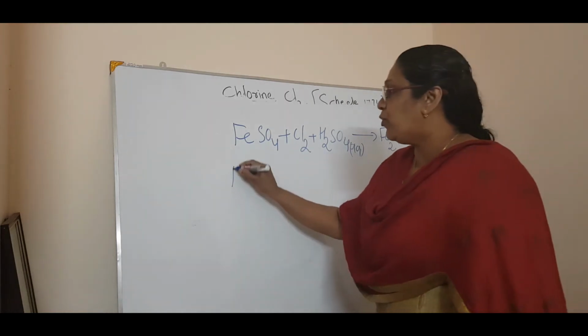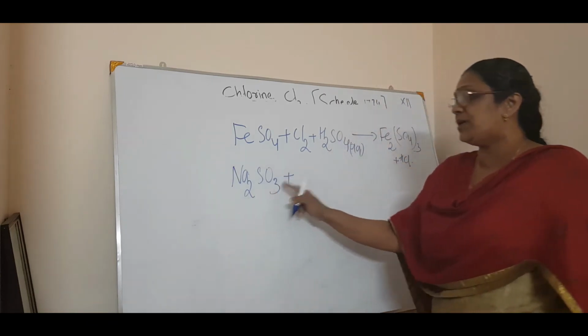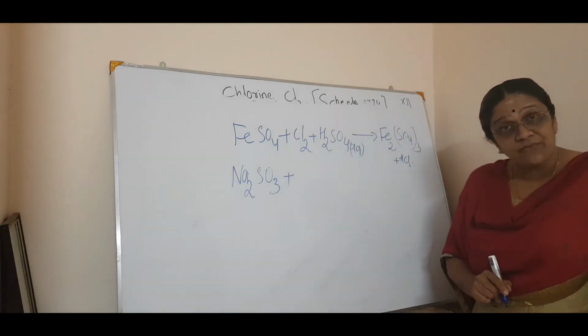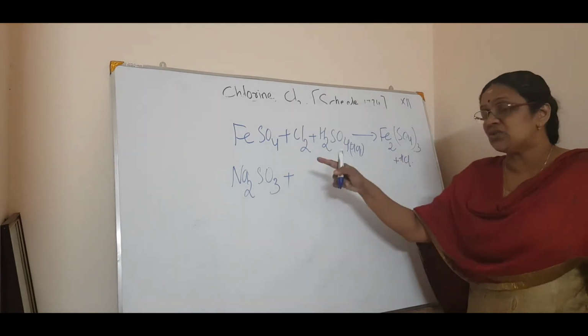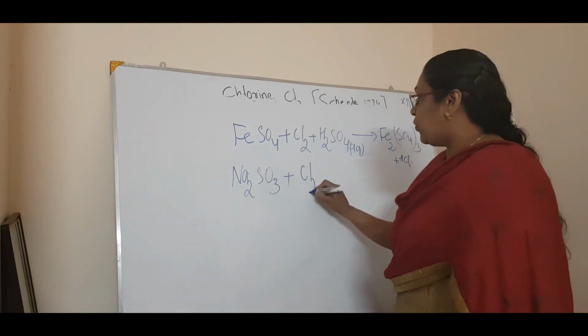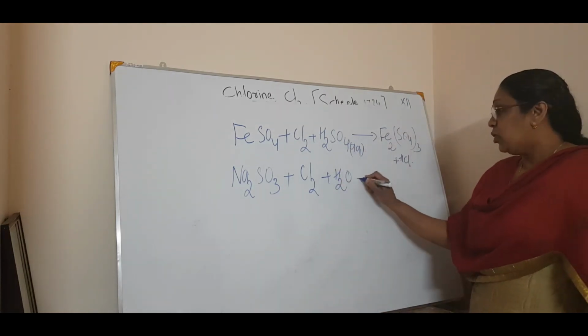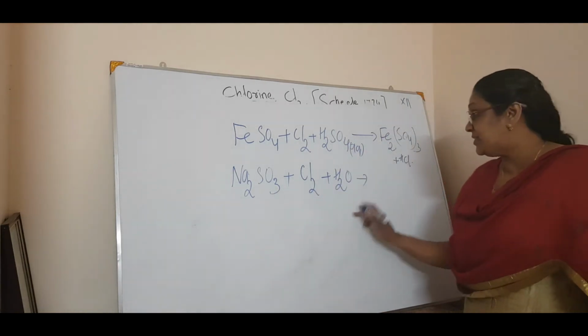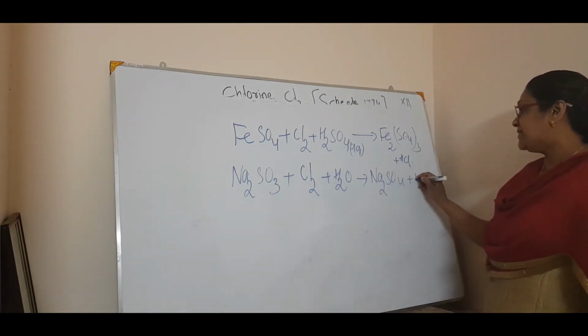Again, if you want one more reaction, it oxidizes Na2SO3. What is Na2SO3? Sodium sulfite, not sulfate. Sulfate is Na2SO4. This is sodium sulfite plus chlorine plus water. Here again water is there. No need of acid. You will get sulfite oxidized to sulfate. So Na2SO4 plus HCl. See?